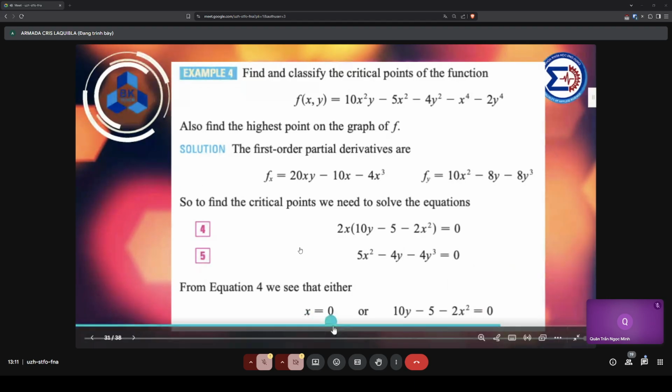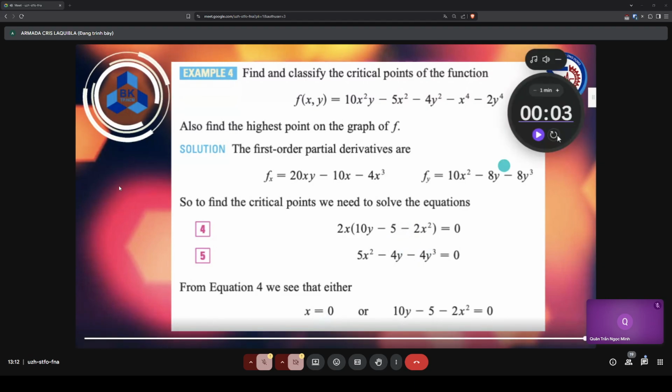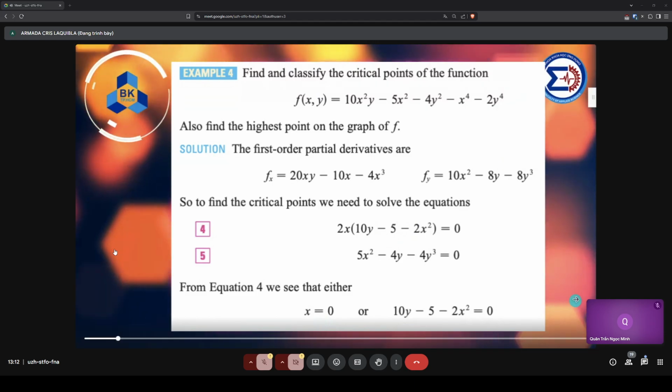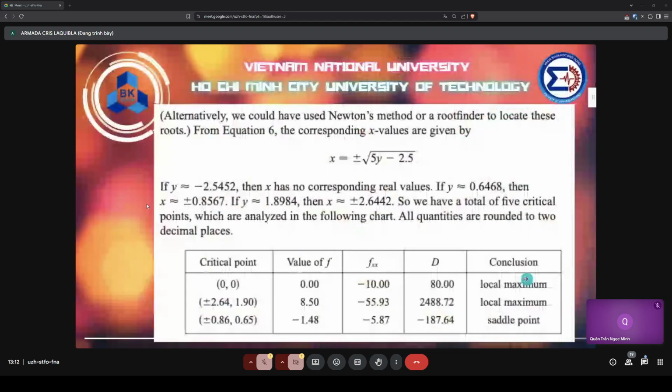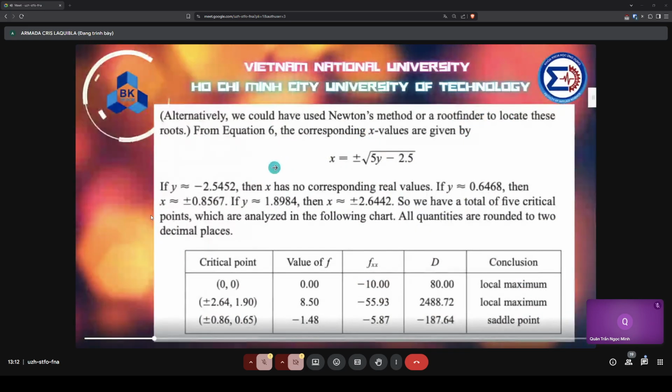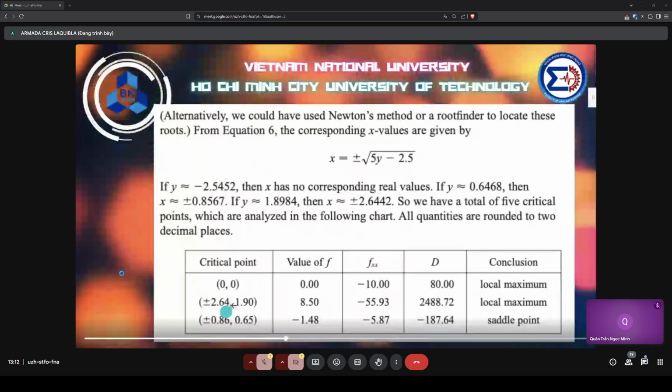Now if x is 0, what to do? You substitute it here to solve the value of y. If x is 0, class, the y that you can solve there is 0 also.